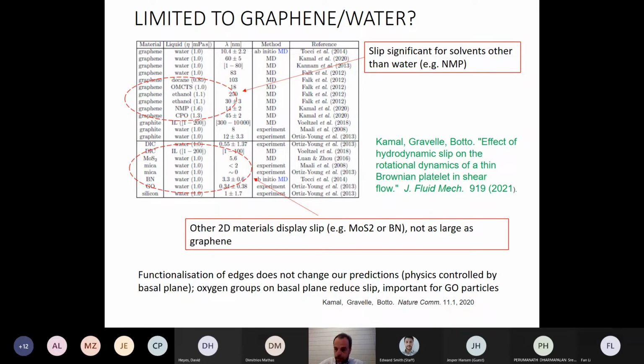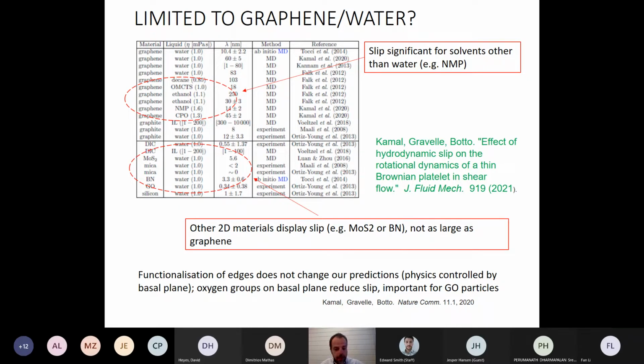The theory that we have developed is based on a continuum point of view, and therefore the criterion that we have found is universal. Many 2D nanomaterials not made of carbon also have significant slip length. The slip length is typically a few nanometers, but this is still much larger than the thickness of the particle, and therefore we should observe such dynamics.